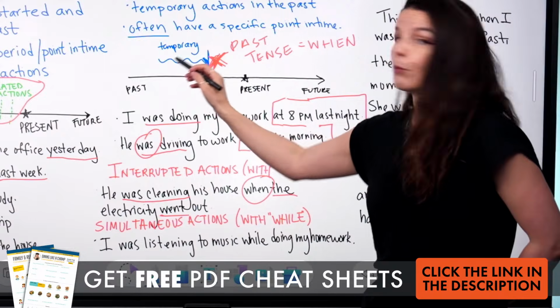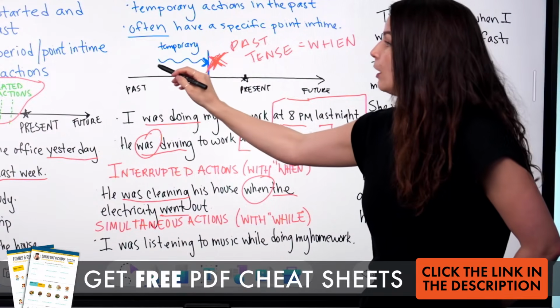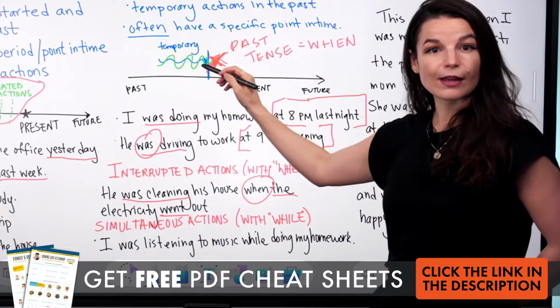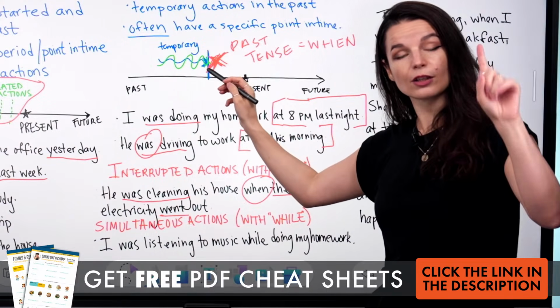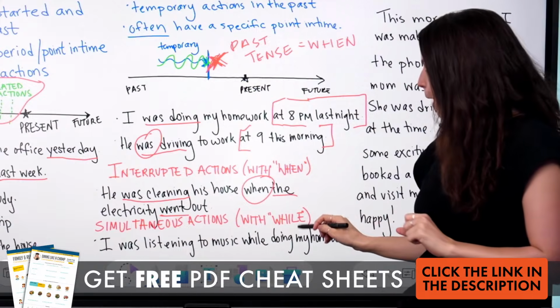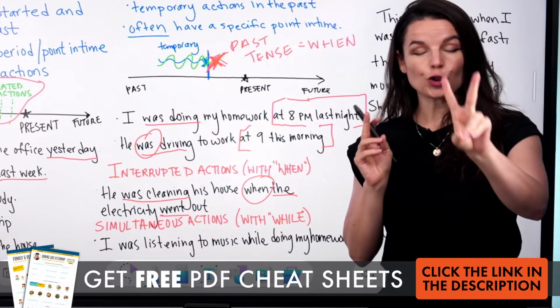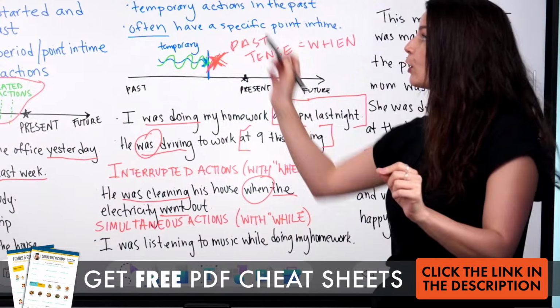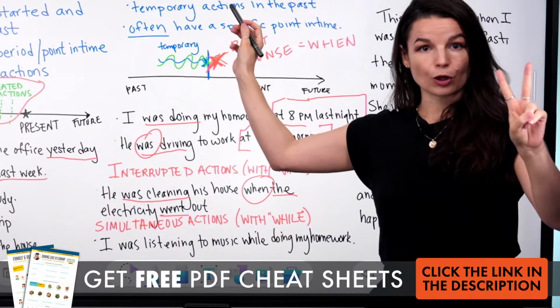So if we go back to our timeline, we can imagine that these two actions are happening together. The blue line is one action, the green line is another action, right? So we can use while to express that those two actions are happening together, and we have to do this with two past progressive sections.